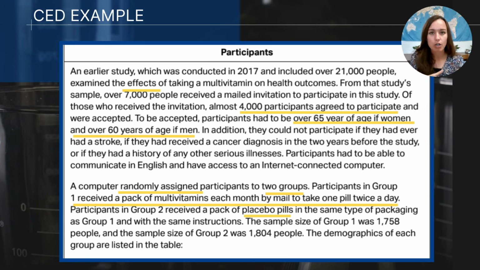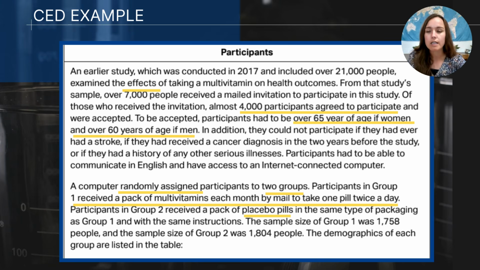Since they're wanting to know if the multivitamins are slowing cognitive decline, they don't want to include anyone that could have these other circumstances that could impact the results. So this is another clue that this could possibly be experimentation, because in an experiment, they're trying to control any other factors other than the independent variable.